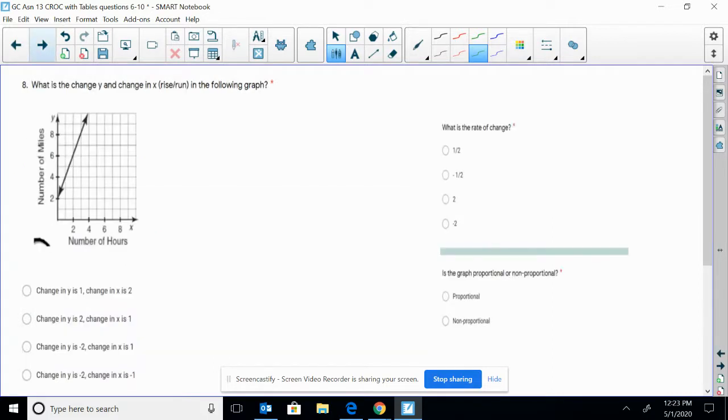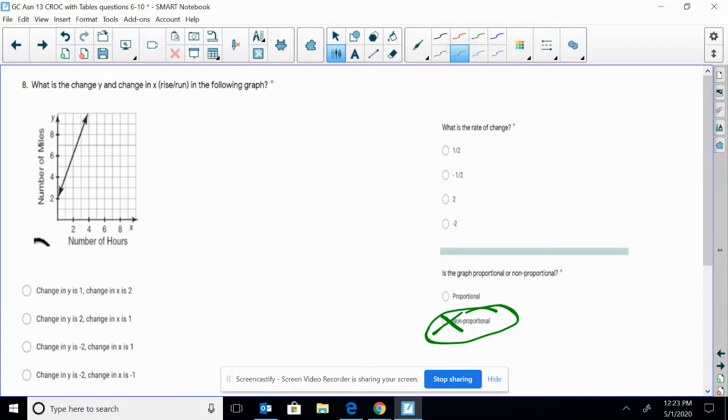So we're given a graph and we kind of step through it here, if it's proportional, to find the rate of change. So we can look at that and we know it's a line, but it does not go through 0, 0. So we automatically know it is non-proportional down here. So let's find our change in y over change in x.